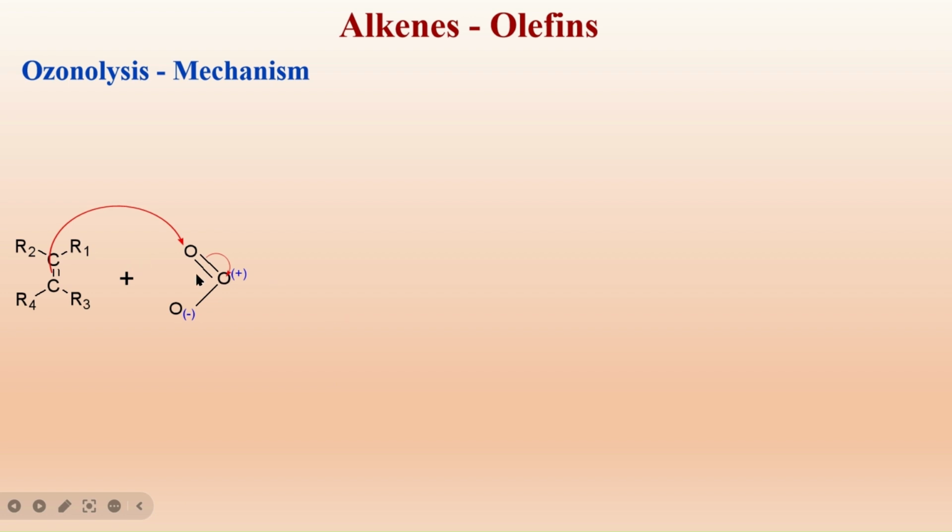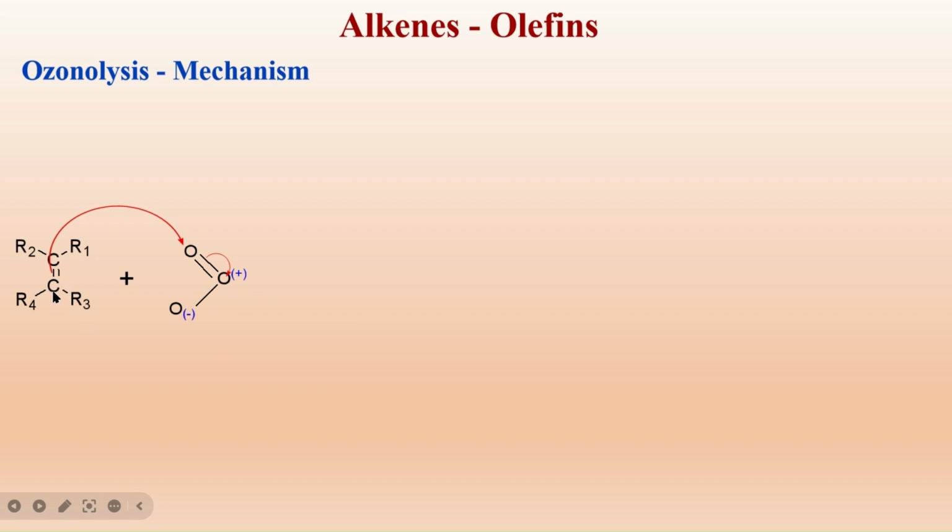Though the electron deficiency of the central oxygen and of the terminal oxygen is satisfied by the sharing and shifting of electrons, it is still unstable as it has one electron rich center. Once these electrons are shared with this oxygen, the carbon here will be electron deficient.